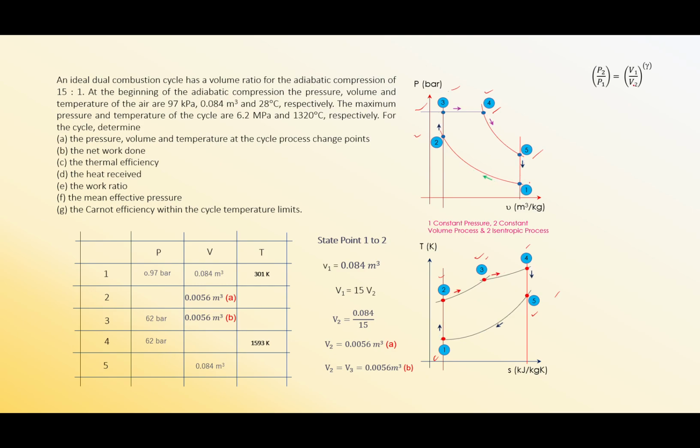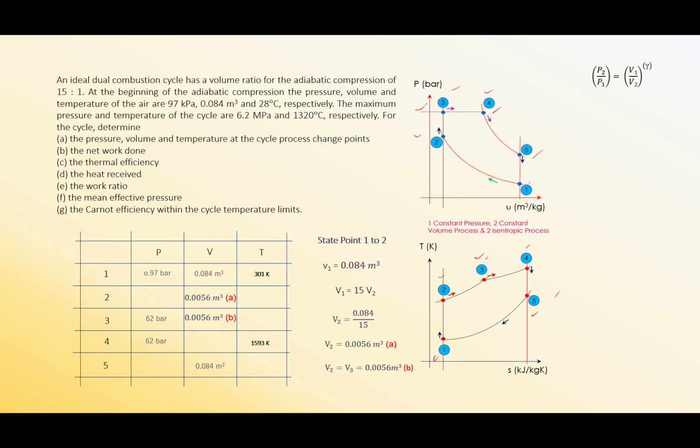Then you use your isentropic formula, the relationship between the pressure and volume to the power of gamma, in order to find out your P2, because you have got your volume ratio of V1 to V2 is 15, and gamma for air is 1.4. So you can use 1.4 for the adiabatic index, that is the gamma.